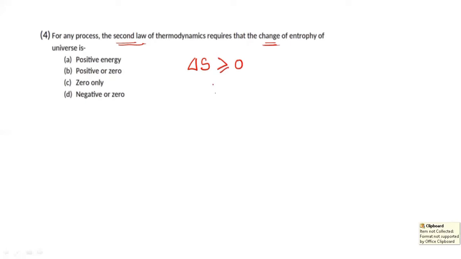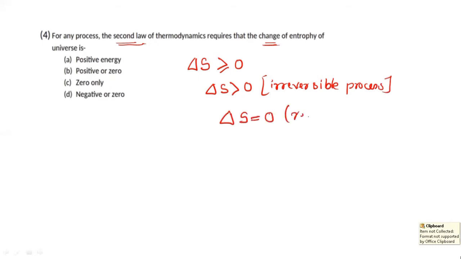Delta S is greater than 0 for an irreversible process. And delta S is equal to 0 for a reversible process.